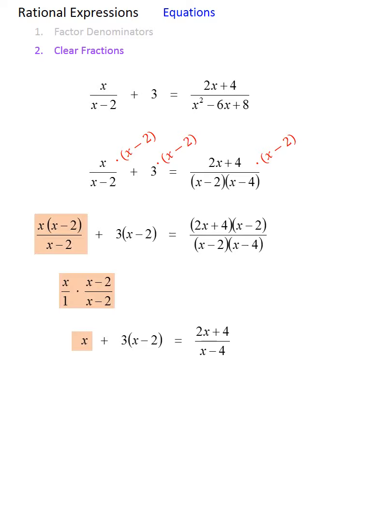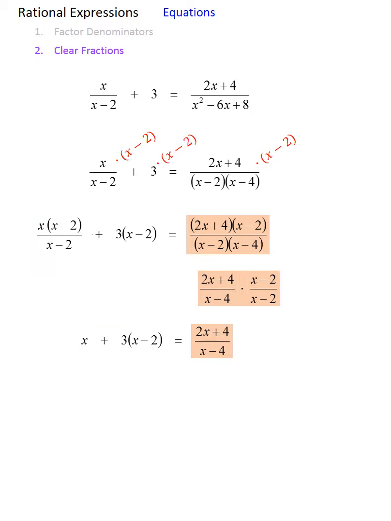Notice in this first term, the x minus 2's effectively cancel, and you can see that by simply interchanging the order of factors and making a unit fraction. x minus 2 divided by x minus 2 has a value of 1, thus the cancellation. A similar logic shows how this reduces over here.